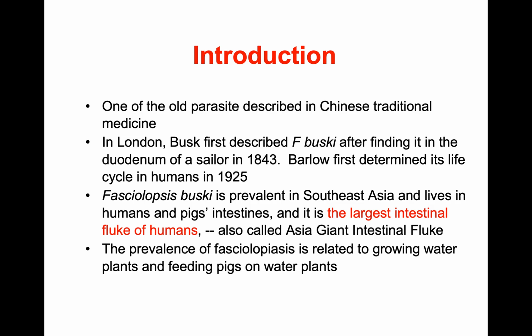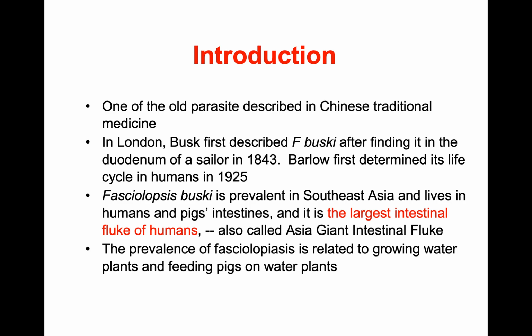So Fasciolopsis buski is one of the old parasites described in Chinese traditional medicine. In London, Busk first described it after finding it in the duodenum of a sailor in 1843, and another scientist first determined its life cycle in humans in 1925.